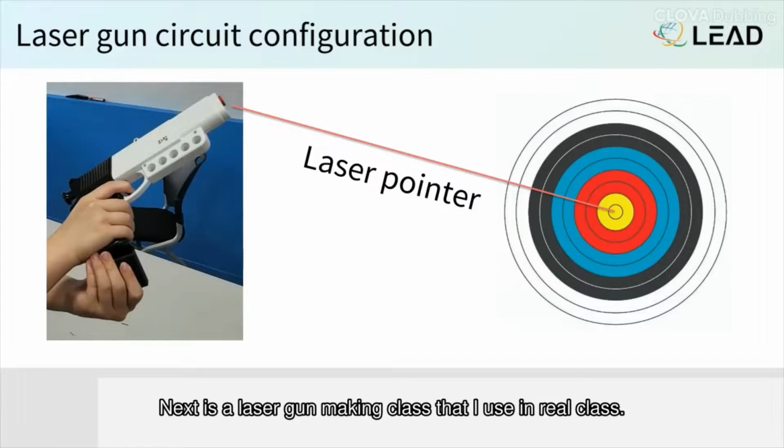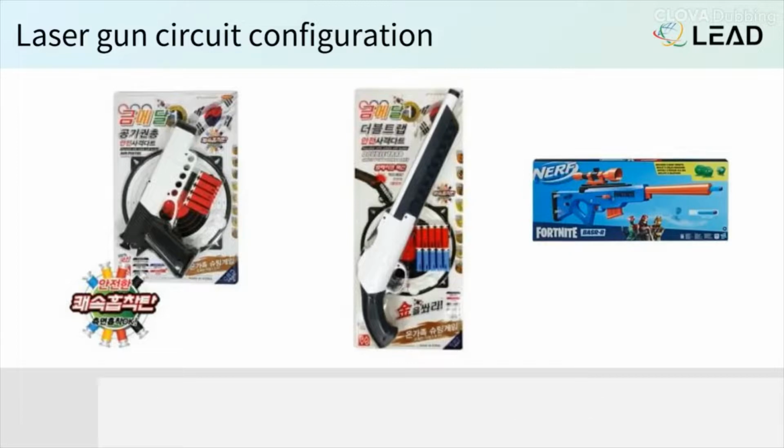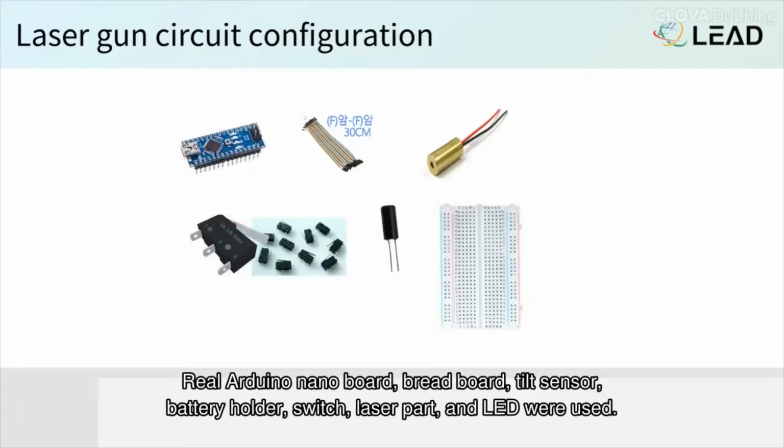Next is a laser gun making class that I use in real class. The laser gun used a commercially available toy model gun. Real Arduino Nano board, breadboard, tilt sensor, battery holder, switch, laser part, and LED were used.